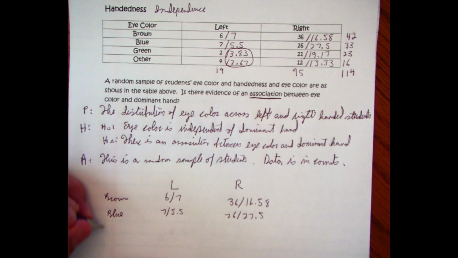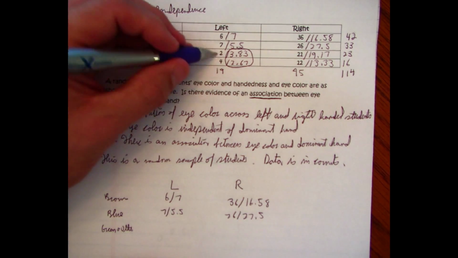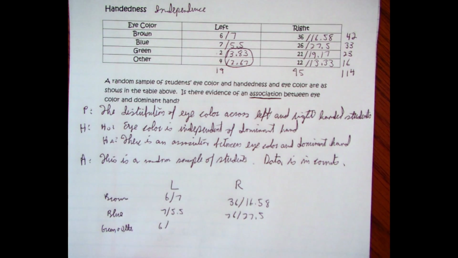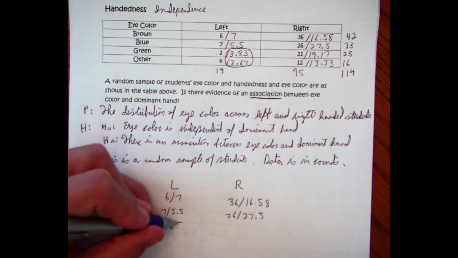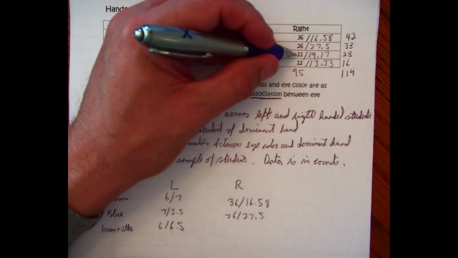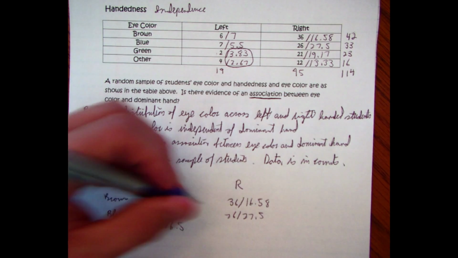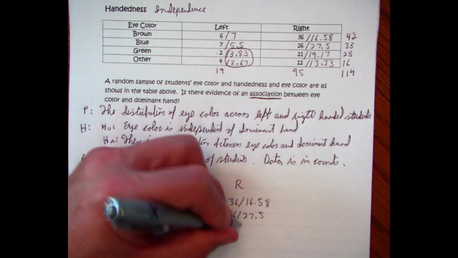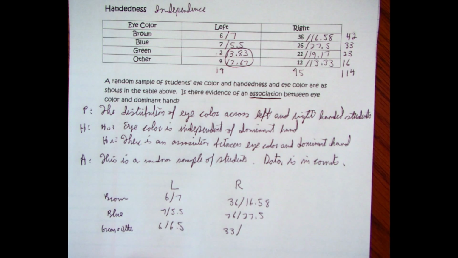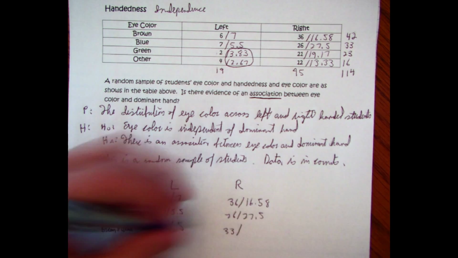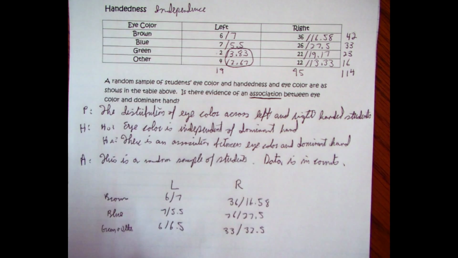So green and other becomes 2 plus 4 is 6, and then 3.83 plus 2.67 is 6.5, and then this is going to become 21 plus 12, 33, and then 19.17 plus 13.33 is going to be 32.5.